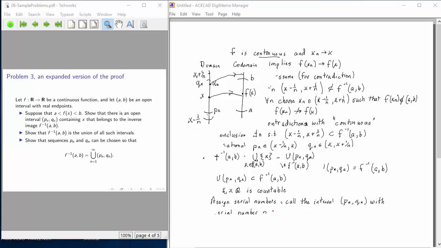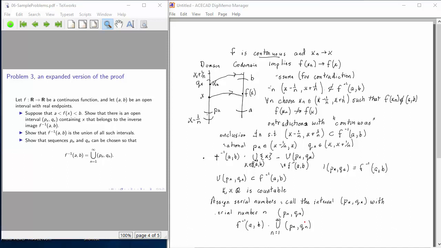And I call that p sub n, q sub n. With that change in notation, I can now say that the inverse image of the open interval from A to B is the union from n equals 1 to infinity of the open interval from p sub n to q sub n.